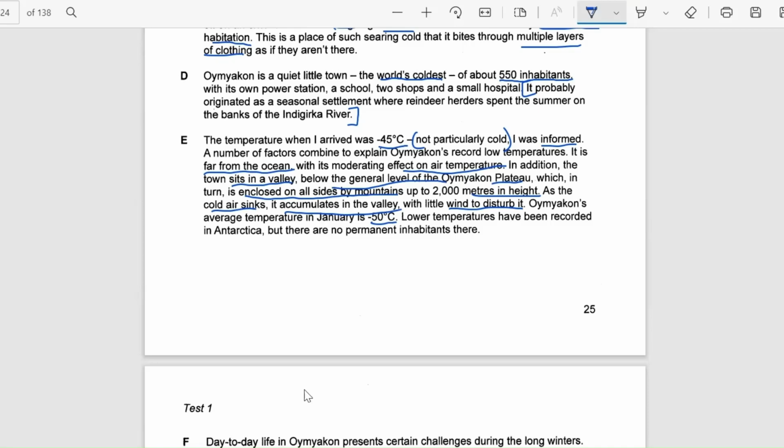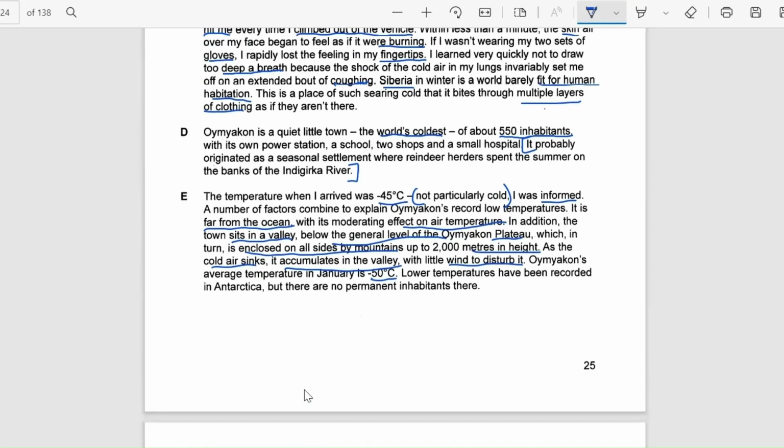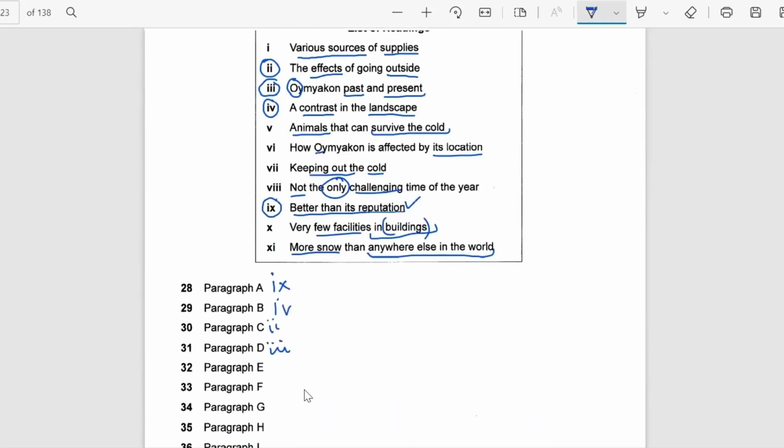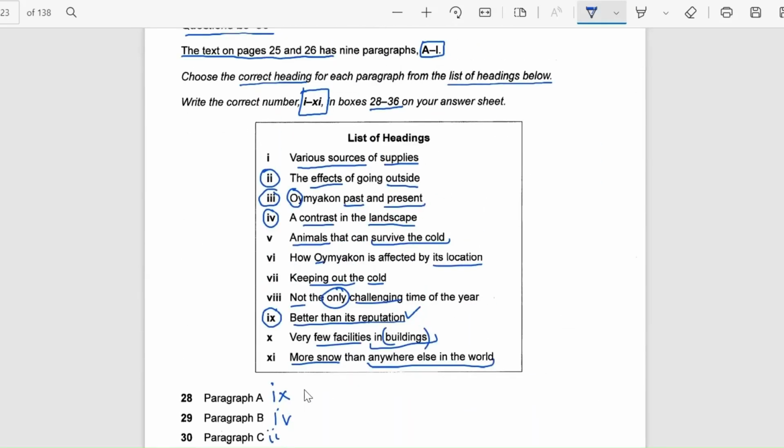So all these details are being talked about. So what I see here is it is telling me how the location of this place is impacting the temperature or making this place cold. So when I go back to the options, I remember something talking about what is the reason why this place is cold.